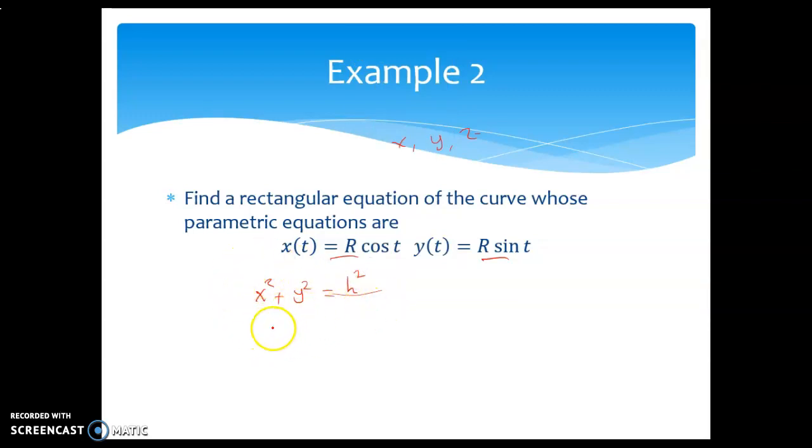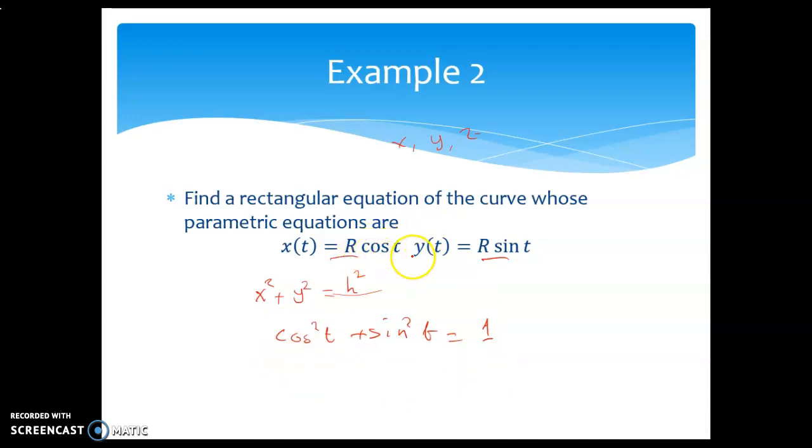We also know that cosine squared t plus sine squared t is equal to 1. This is another thing that we can use here.